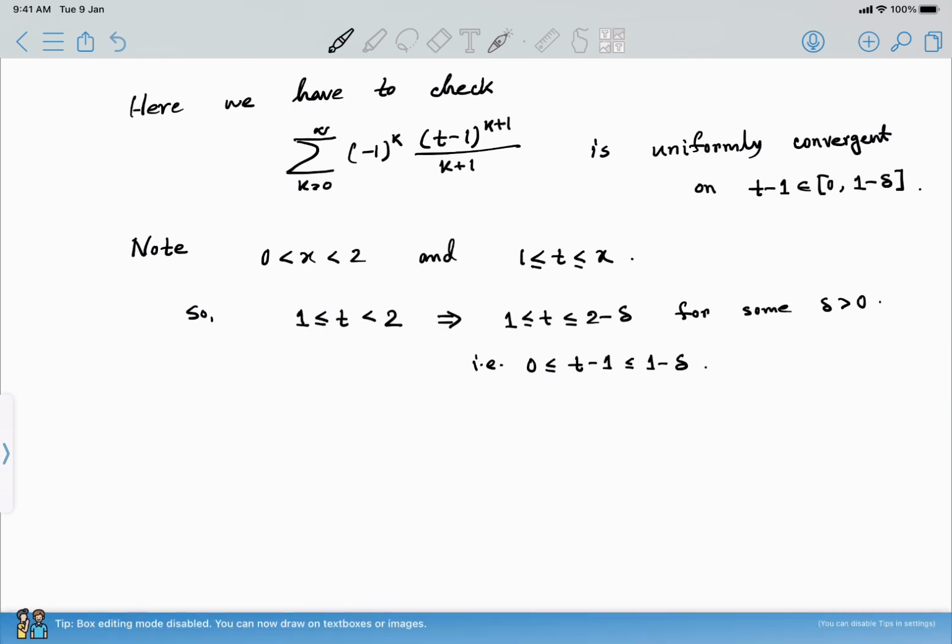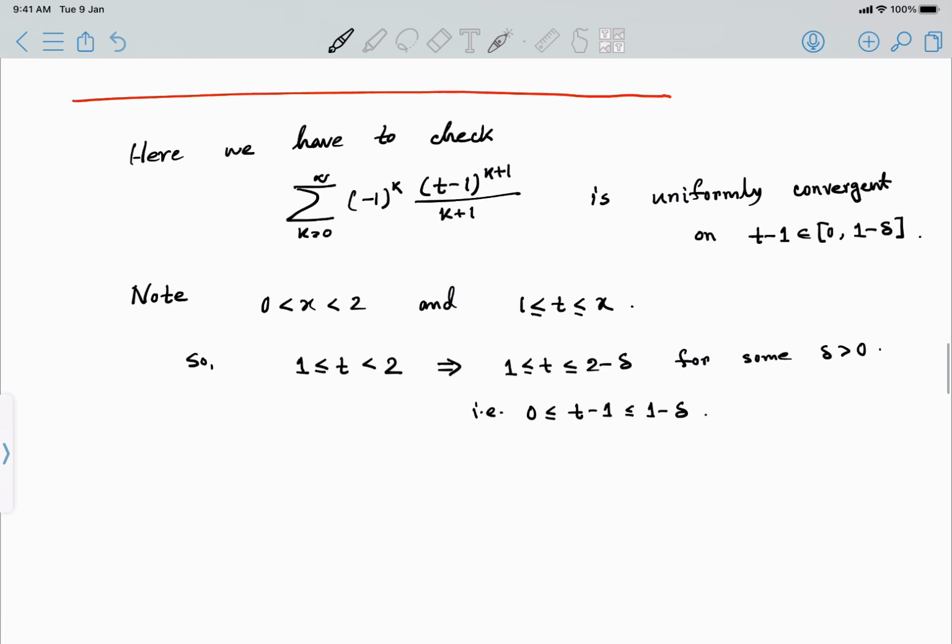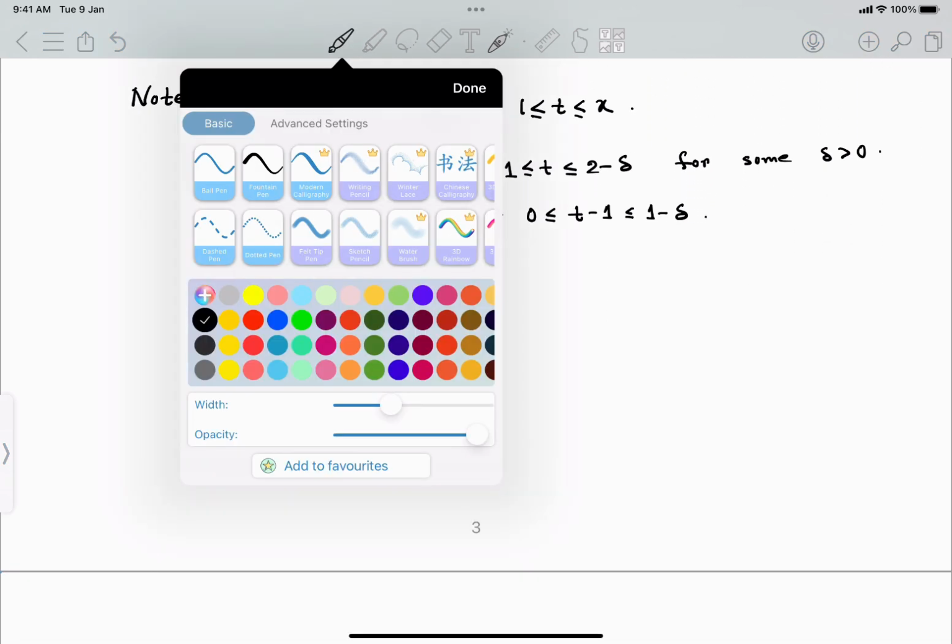To check uniform convergence of this series, we will use the Weierstrass M test. Let me recall.